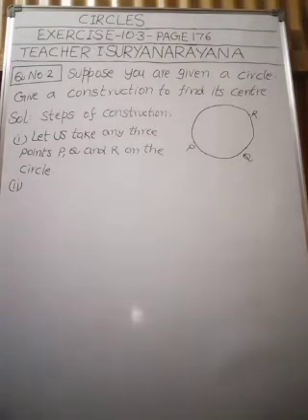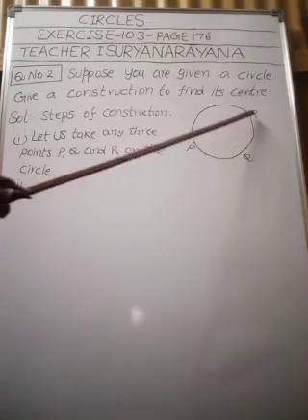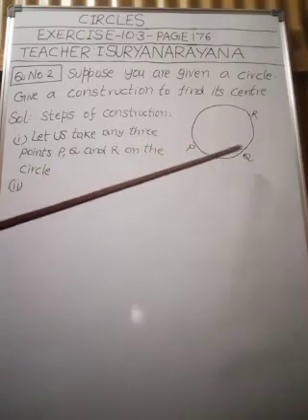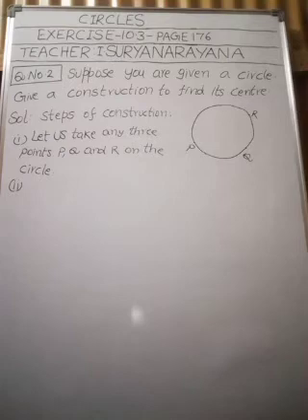Okay, my children, we have to take any 3 points anywhere. You can choose the 3 points on the circle anywhere. Okay, my children, understood this point? This is the first step.